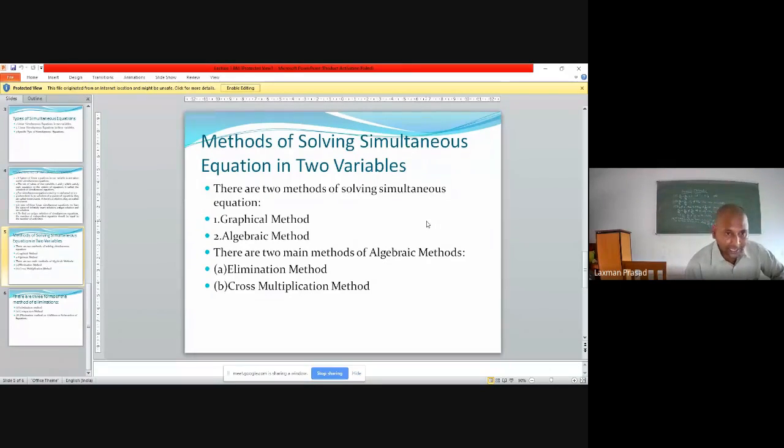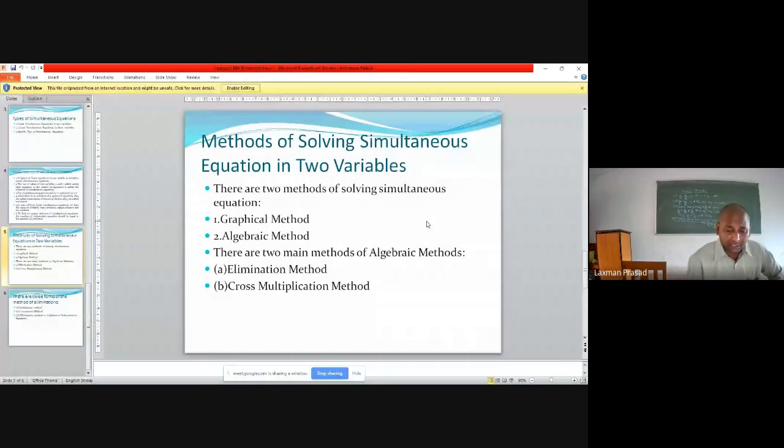Maybe you won't understand right now, but the moment you solve the question, you will definitely understand. So graphical method, it shows that there is a x-axis, there is a y-axis, and first you solve the equation and put the value of equation and second equation and draw the line, and both the lines intersect with each other in graphical method.